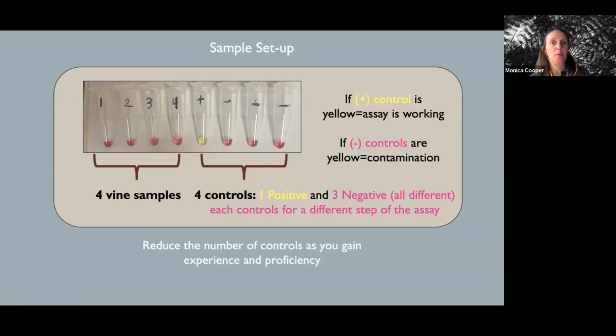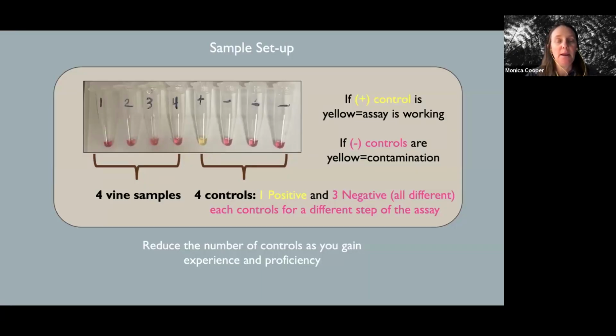And for sample setup, when you get started, you'll have 8 PCR tubes in each strip. We recommend that you start with 4 samples. These are the vines that you're testing. You also use 4 controls: a positive control and 3 negative controls. Each of those negative controls controls for a different step of the assay.